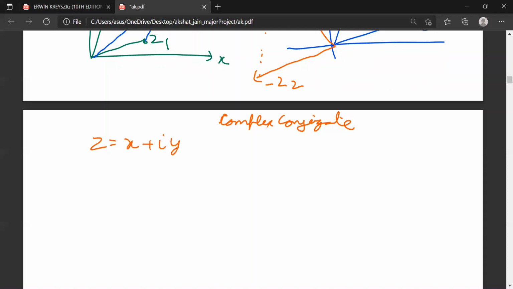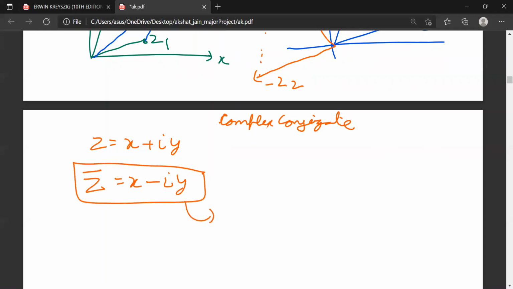We can write it like this: x minus iota y, and we call it z bar. That is the complex conjugate of z. What do we change? This is z, and if we change the sign of this plus to negative, then this is the complex conjugate of z. We write it as z bar.